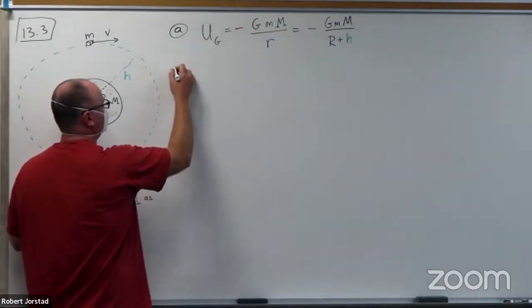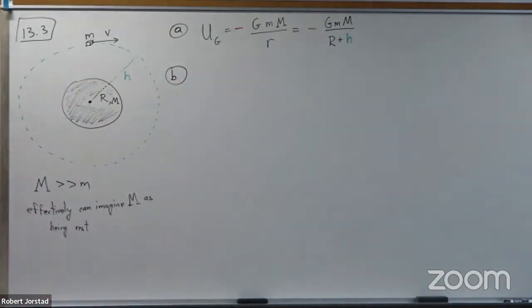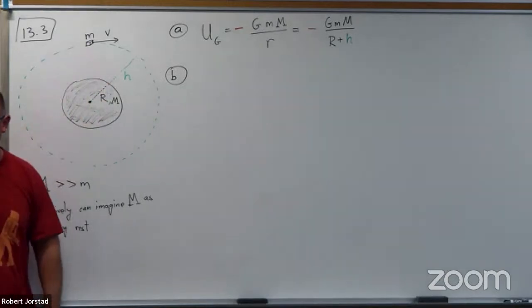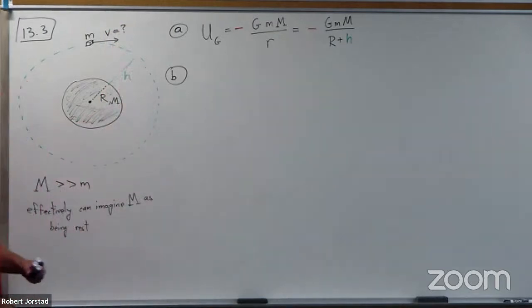B. One's a little more subtle, I think. I want the speed of the satellite in terms of these other parameters. So for right now, let's assume v is an unknown. How would you figure out that v?